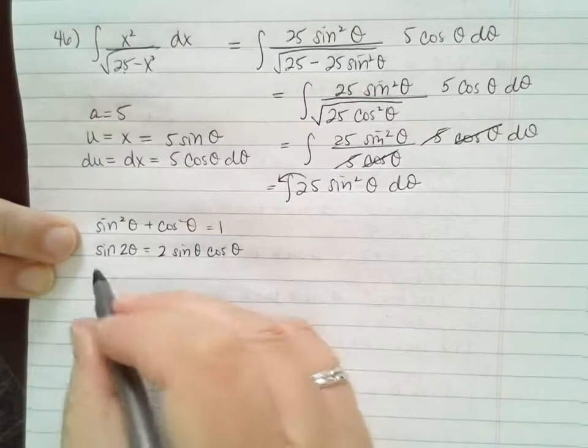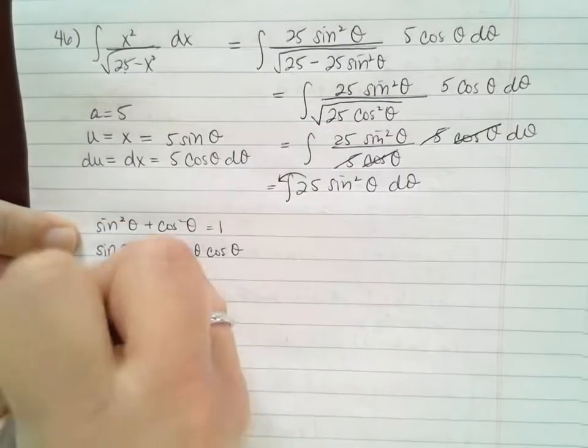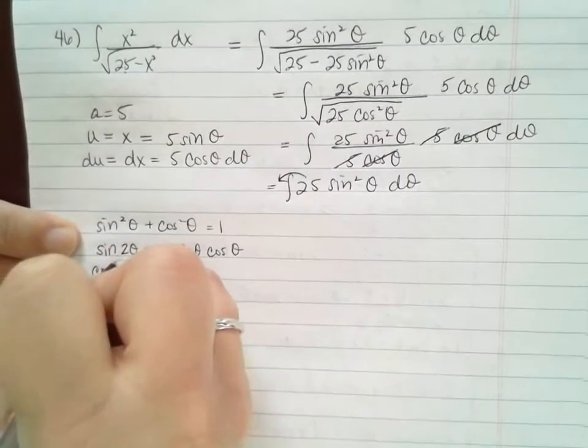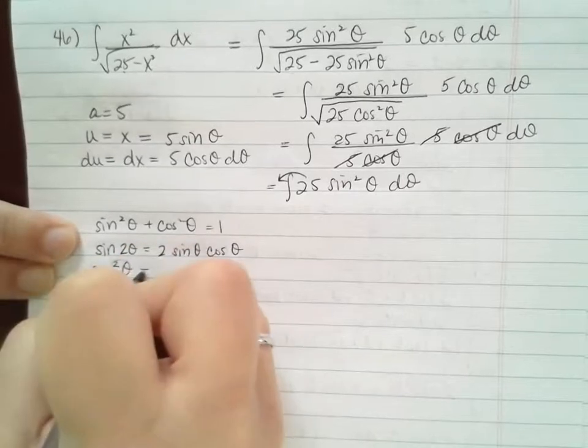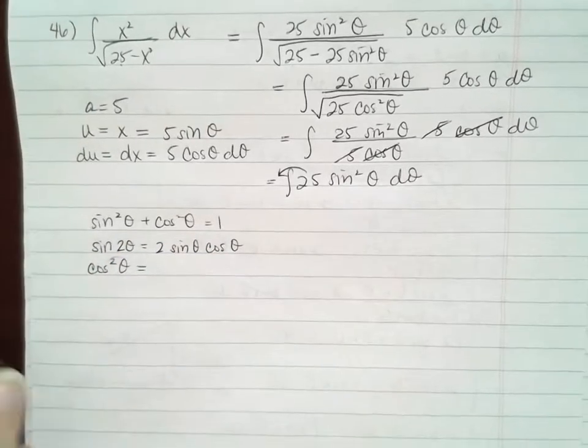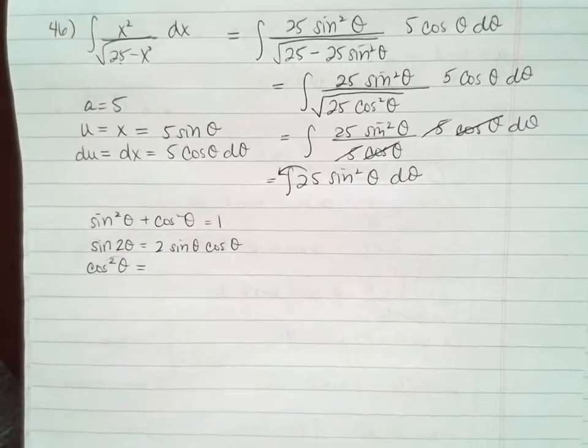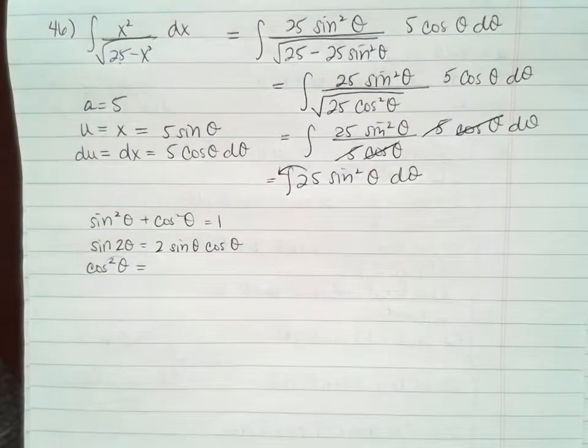That's sine 2 theta, not sine squared. And then there's 3 identities associated with cosine squared theta. And off the top of my head, I don't know what they are. If they're not given to you and you need them for the test, I will make sure that I include them. But I'm just opening up to the back of the perforated sheet.